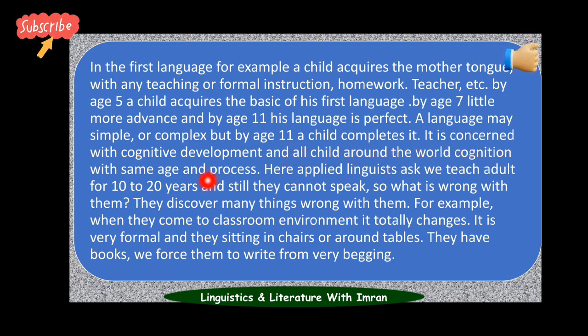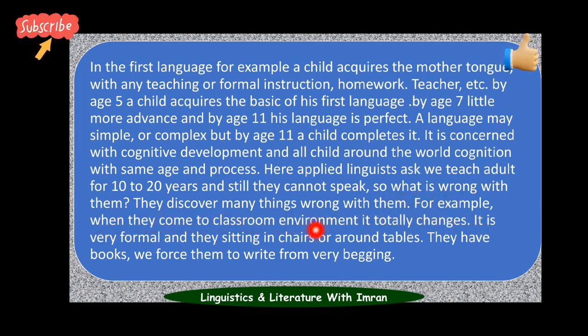It is concerned with cognitive development, which follows the same age and process in all children around the world. Here, applied linguists ask: we teach adults for 10 to 20 years and still they cannot speak, so what is wrong? They discovered many things wrong.